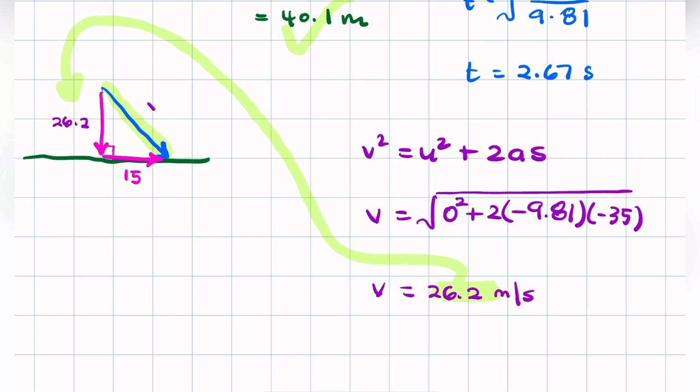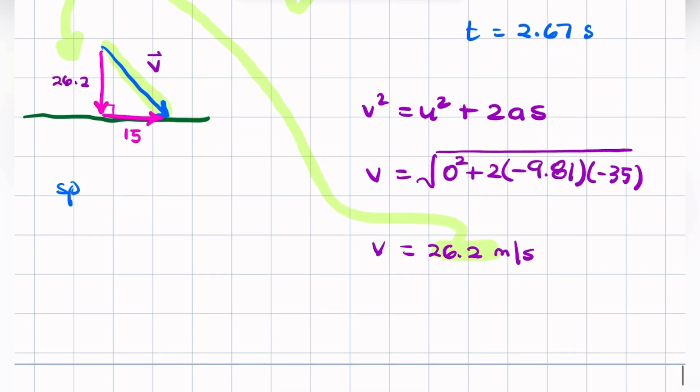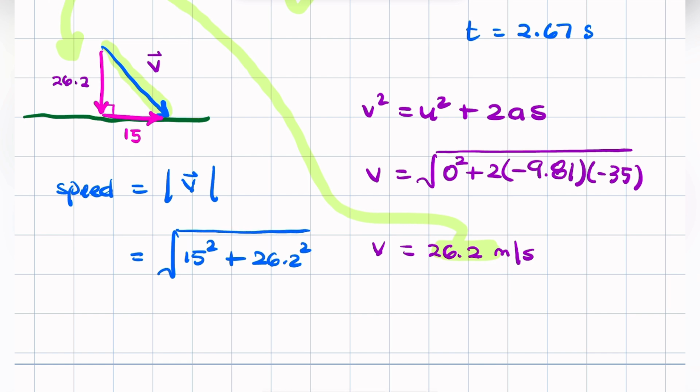And now what they want is the magnitude of the velocity, which is the speed. So speed is the magnitude of the velocity vector, and that's going to be the square root of the horizontal component squared plus the vertical component squared.